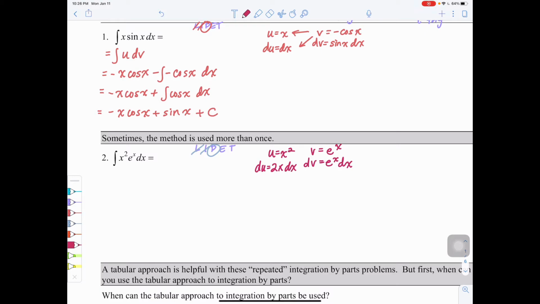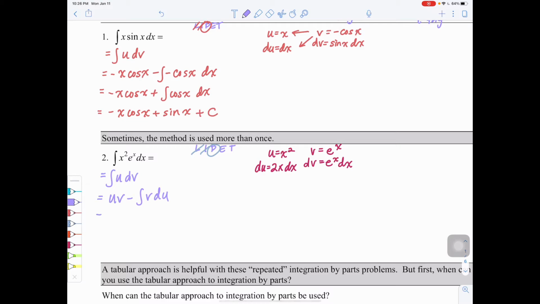Okay, let's go. So we have the integral of u dv. This is a good time to check. Yep, x squared is u, and e to the x dx is dv. So I have the integral of u dv. Really good time to check to see if you have those. Okay, so we have a formula that says that that's uv minus the integral of v du.